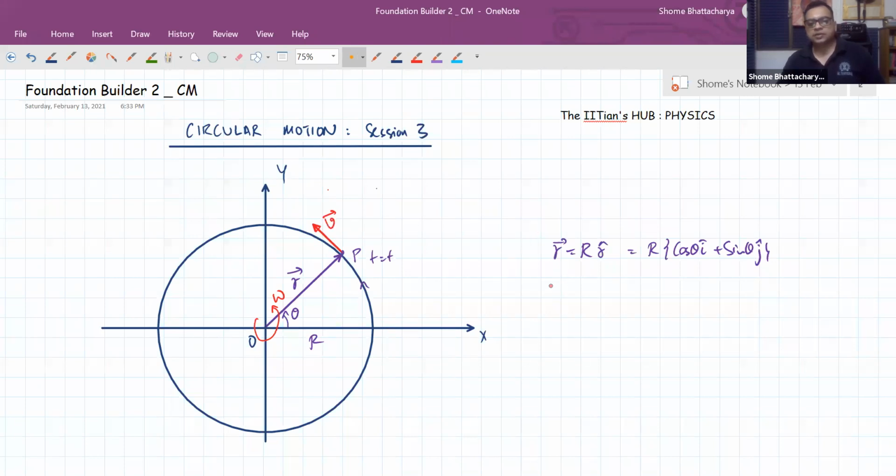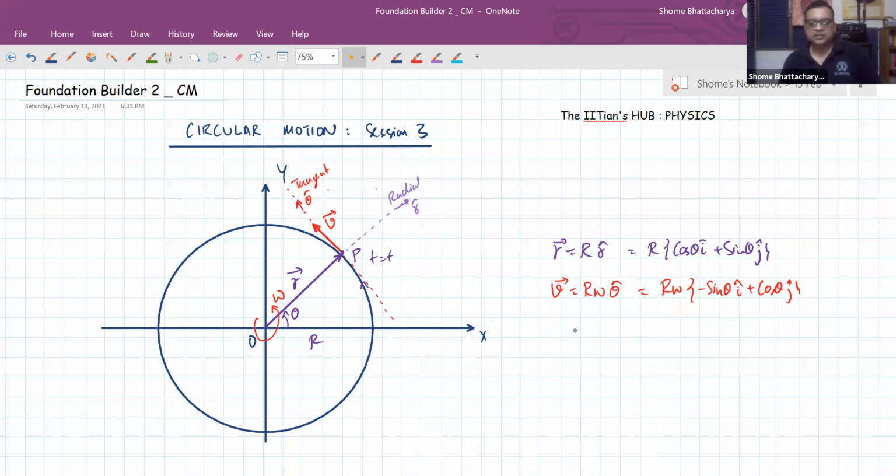So the instantaneous velocity becomes r omega theta cap, or r omega into minus sin theta i cap plus cos theta j cap, where this is the tangential direction. It's along the tangent, and this is along the radial direction. Accordingly, we define the radial unit vector r cap and the tangential unit vector theta cap like this. From point to point, r cap and theta cap are changing.